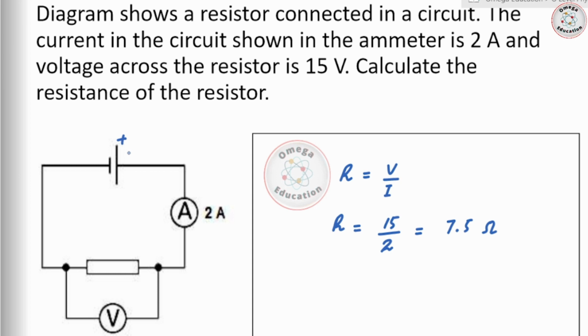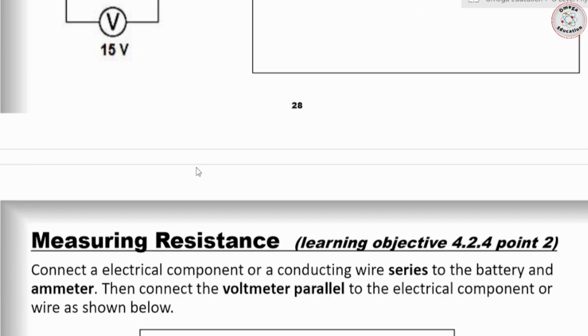And if you connect it the other way around, the amount of current would be the same. It would still give you 2 amperes but with the negative sign. So in this one we don't really bother with the direction. You can connect it anywhere around, the amount of current would be the same. All right, so measuring the resistance.